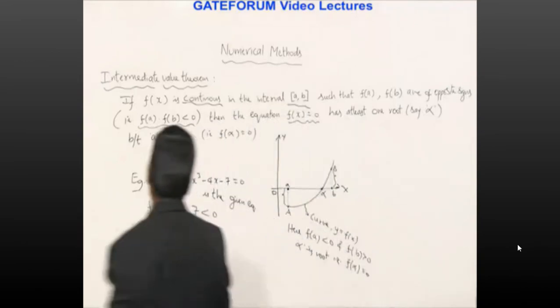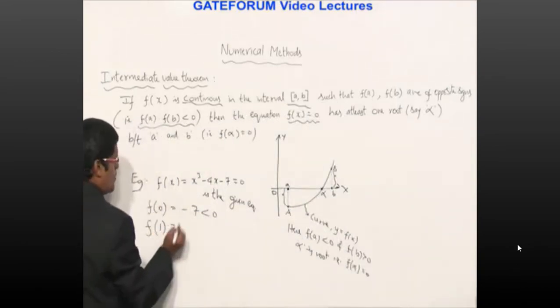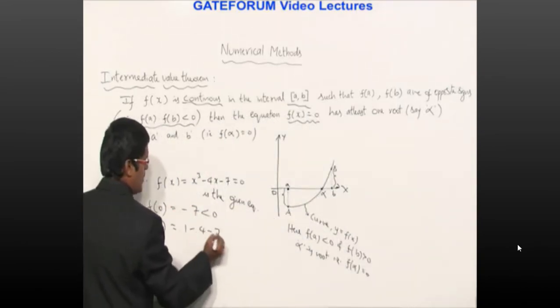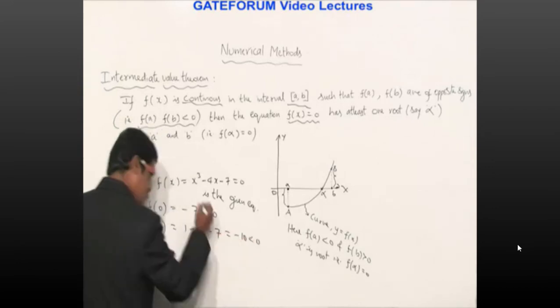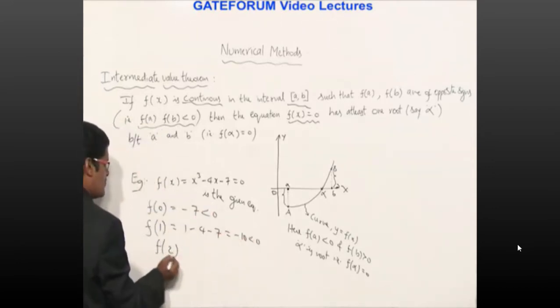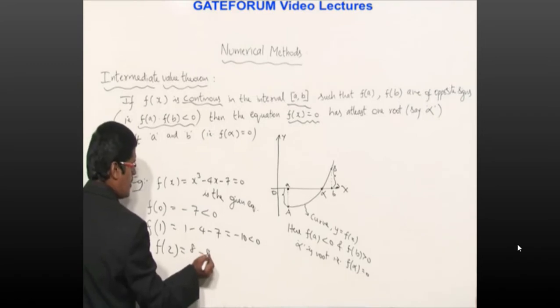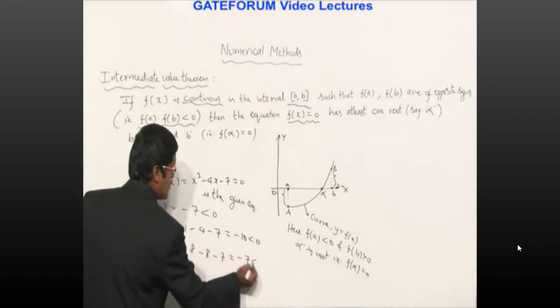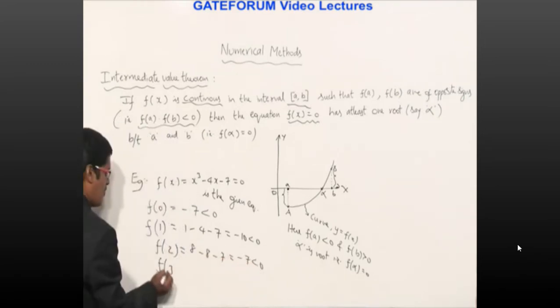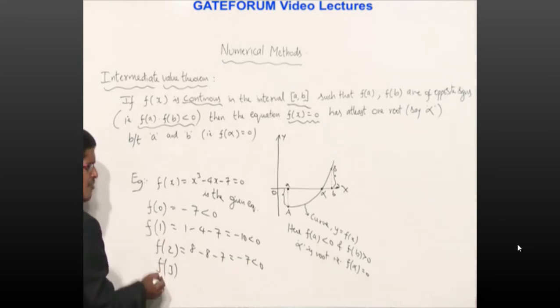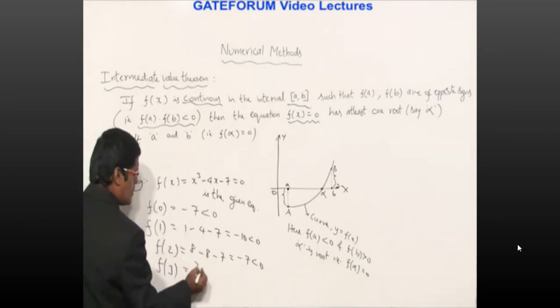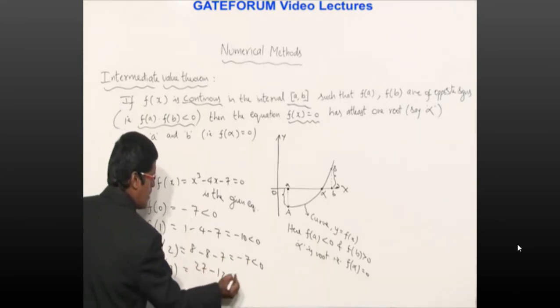So f(1), how much? 1 minus 4 minus 7. This is minus 10, less than 0. f(2): 2 cube is 8, minus 4 into 2 is 8, minus 7, that is minus 7. This is also less than 0. So f(3), at least you give 3 to 4 values. 3 cube is 27, 4 into 3 is 12, minus 7.